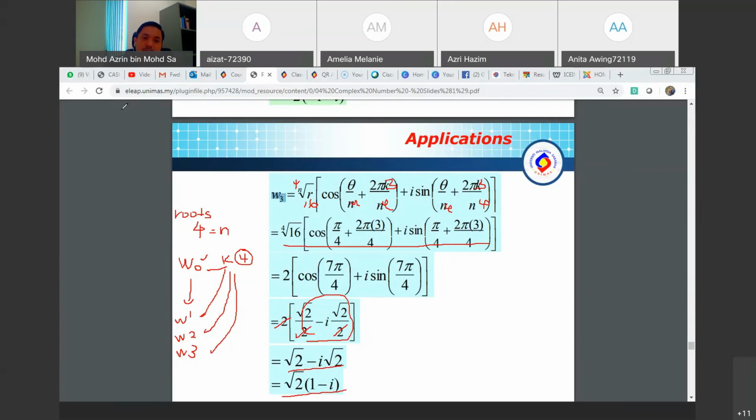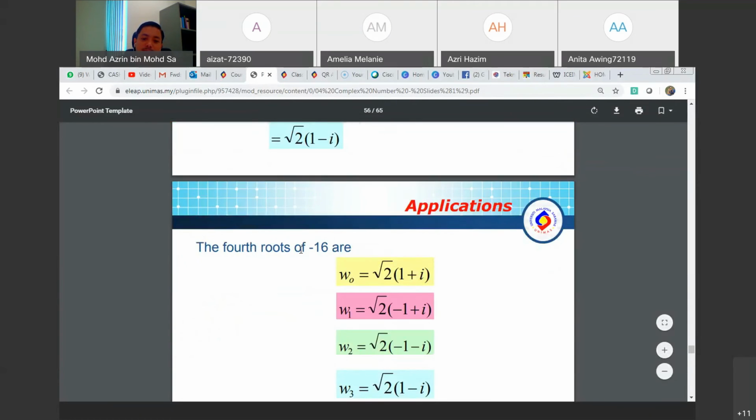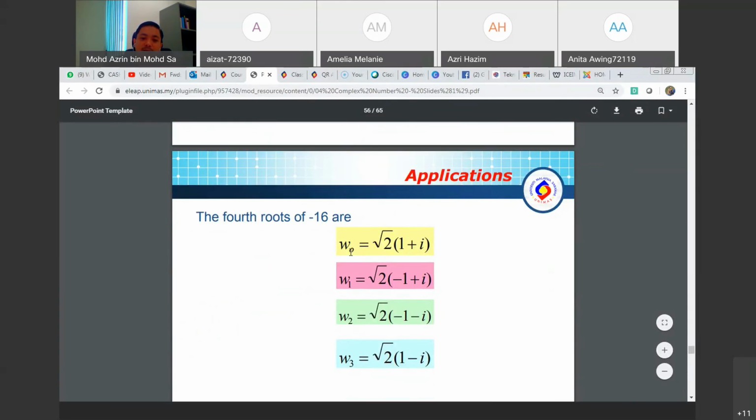Okay. So now you have 4 roots. The fourth roots of -16 are W0, this one, W1, this one, W2, this one, square root 2 -1 minus i, and W3, this one, square root 2 times 1 minus i. So you can see here is the roots for -16, the fourth roots.